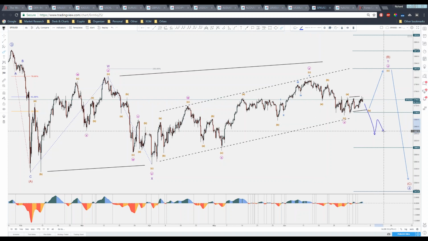a scenario, of course, for the conservative analyst would be this type of corrective piece right here, bumping its head in this previous support, because this support is strong, the 2700. If it's broken and then a corrective piece would occur, then this would only signal a possible bigger fall.